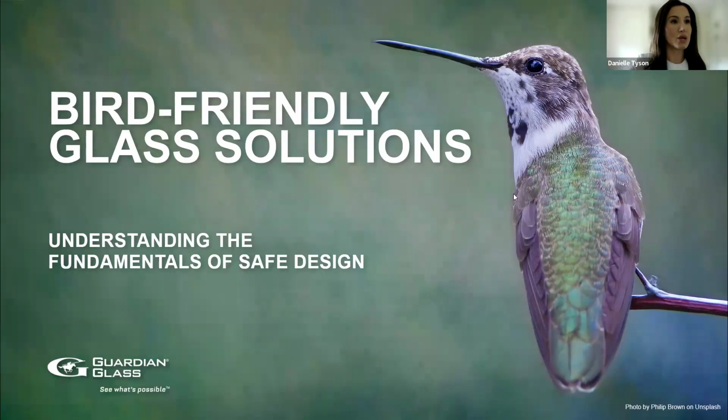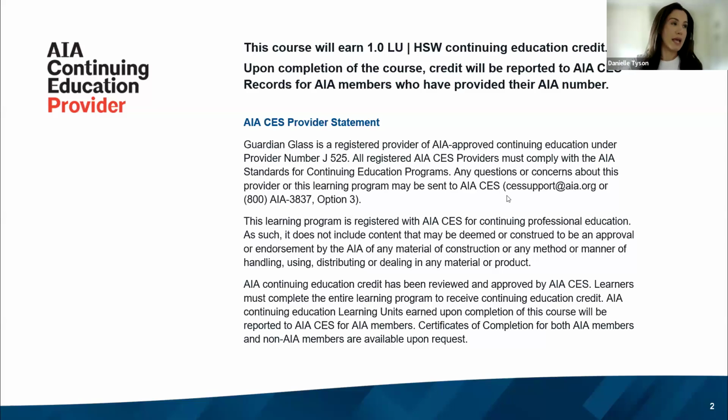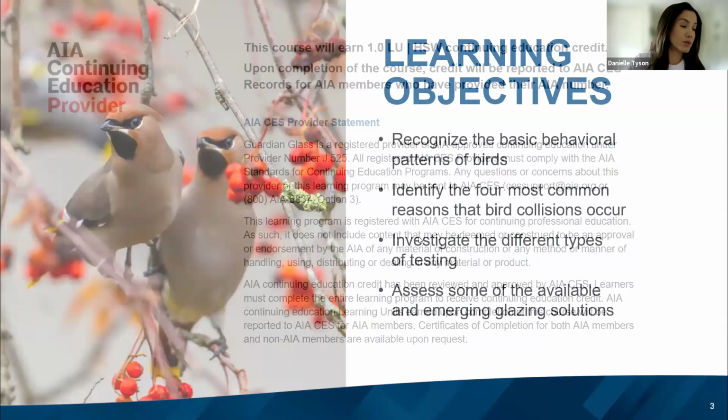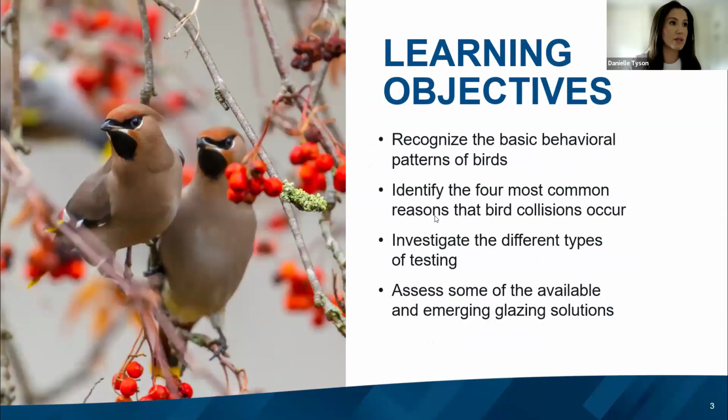So let's get started. Like Bo said, this is an AIA CEU course, and Bo said she would help make sure that you're getting all the credits that you need. So this is a jumping off point, a starting point. That's the purpose of this presentation. It's at a high level.